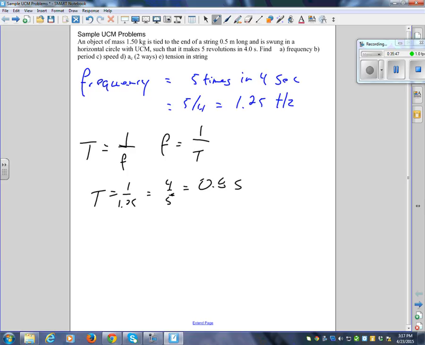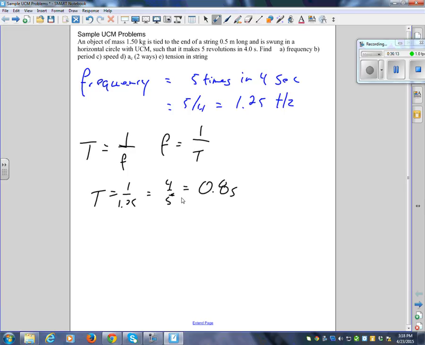If frequency is 5 over 4, period is 4 over 5. A little bit of practice and you'll get the hang of it, no problem.